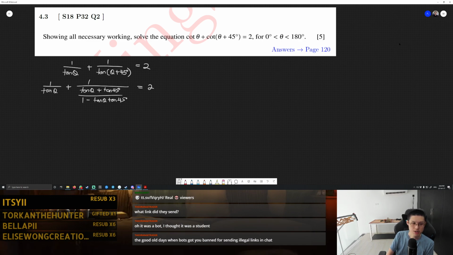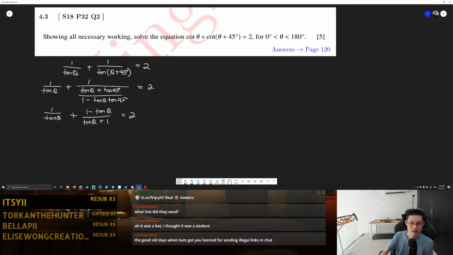And then what we can do next is flip it so it's a bit less messy. Tangent 45, we can put into a calculator, so tangent 45 is 1. Okay, so we get tangent theta plus 1 over 1 minus tangent theta equals 2.